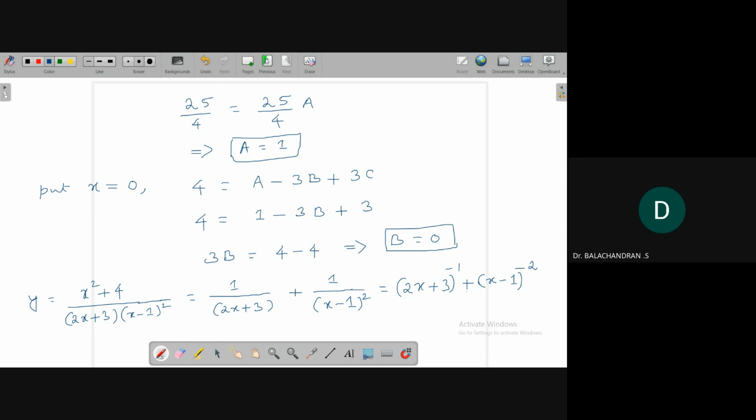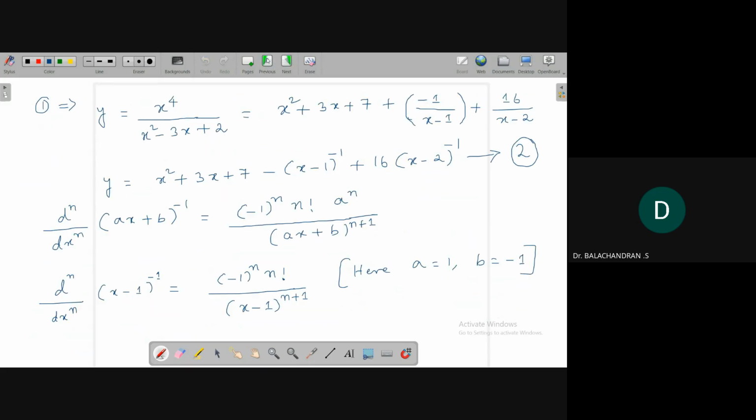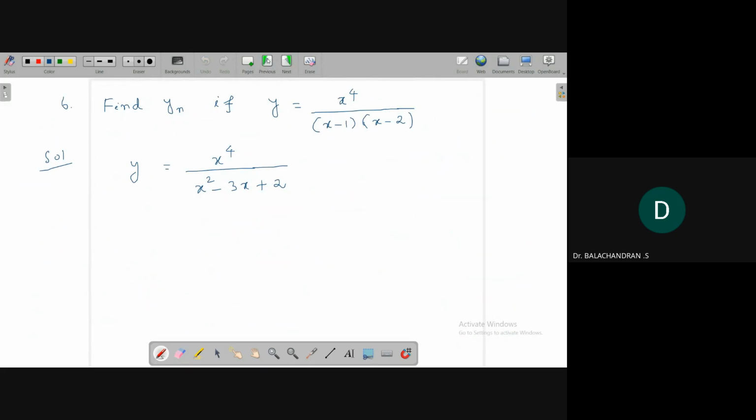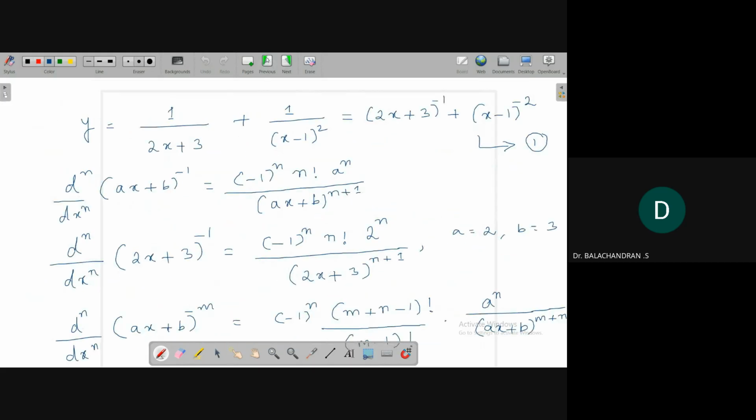We will check it in the previous problem, equation 1. The remaining part has already been discussed, that's why I'll skip.